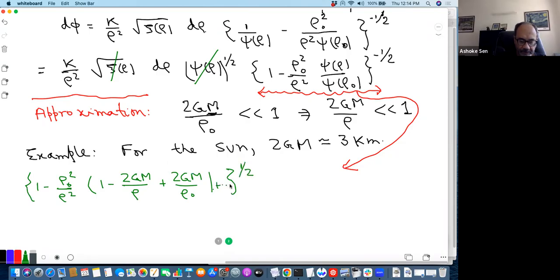Plus higher order terms that we are not keeping, which will involve the square of this ratio. So, sorry, the minus half. This can be simplified a bit. So you get 1 minus rho 0 square over rho square, that's the leading term, plus rho 0 square over rho square times 2 GM times 1 over rho minus 1 over rho 0.